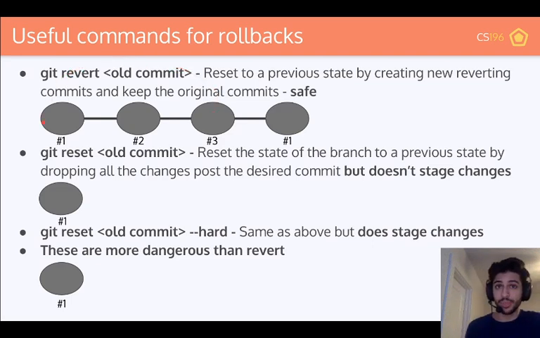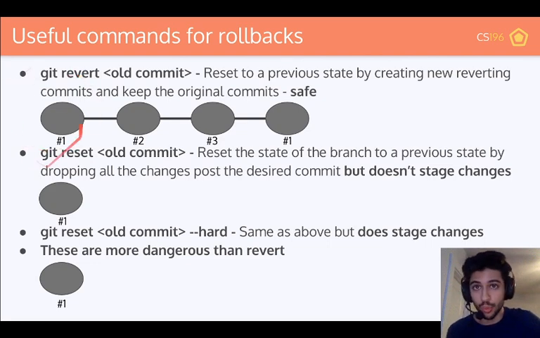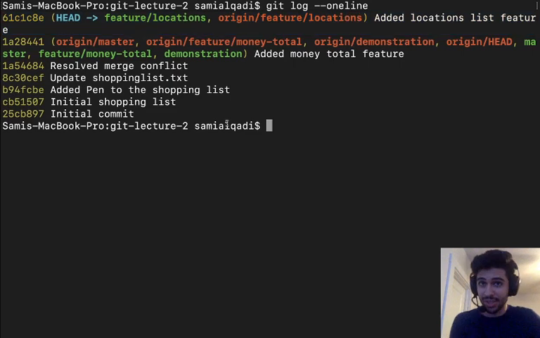Git revert will just create a new commit with a copy of version 1, of commit 1, and tack it on at the end. It's not going to delete any commits. It's going to go backwards by just creating a new commit with the version of the commit that you're trying to go back to. So let me go ahead and demo this in case I am making no sense.